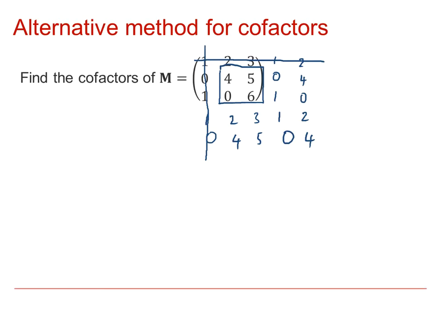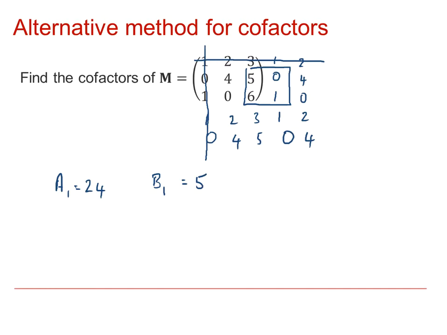So you can see that A1 has got determinant 24, so A1 equals 24. If you then move along one step, we're looking at this block here, 5, 0, 6, 1, the determinant of that is 5. So B1 is equal to 5.